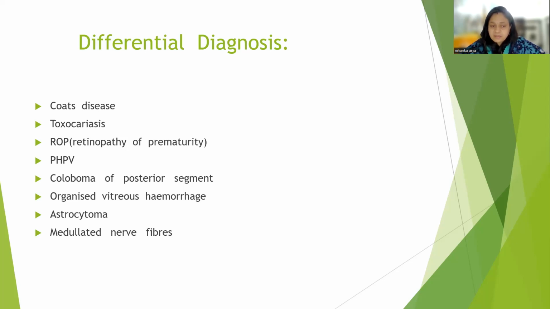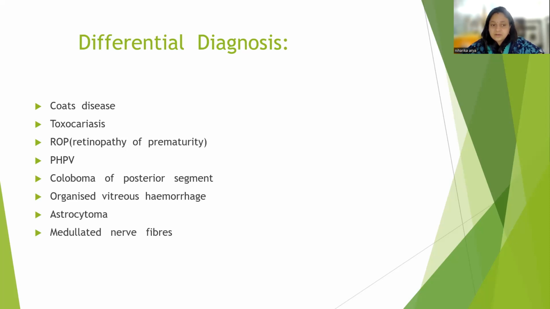PHPV is persistent hyperplastic primary vitreous. In this condition, a primitive part of the vitreous remains after the full development of the eyeball.